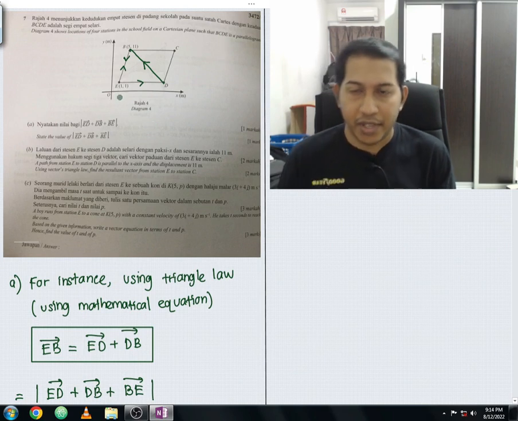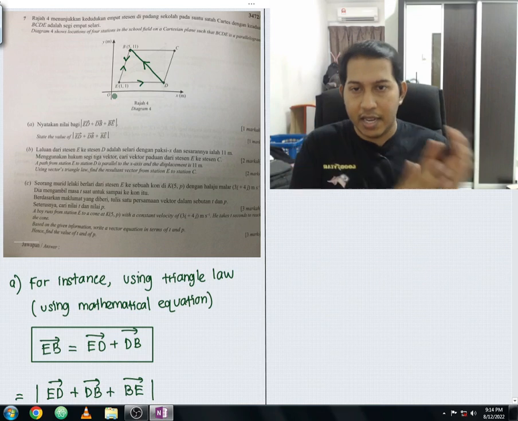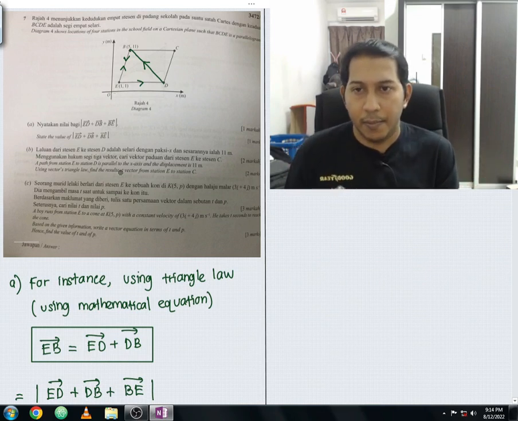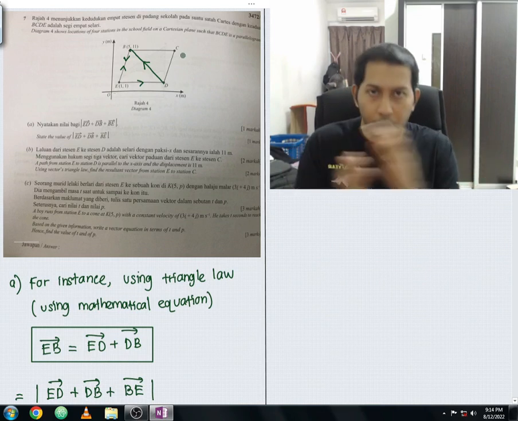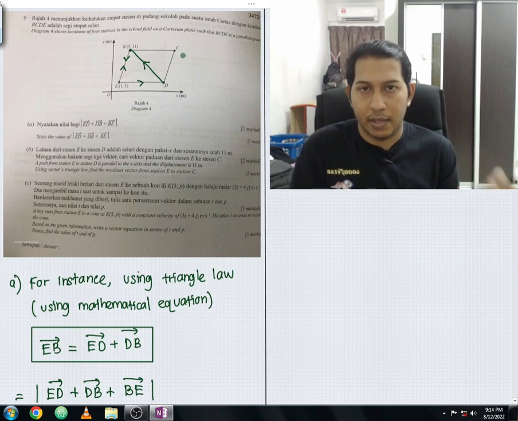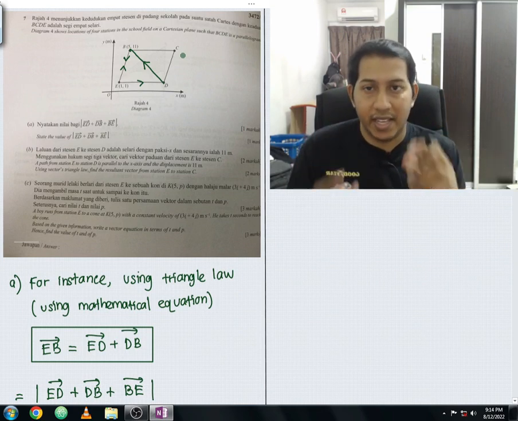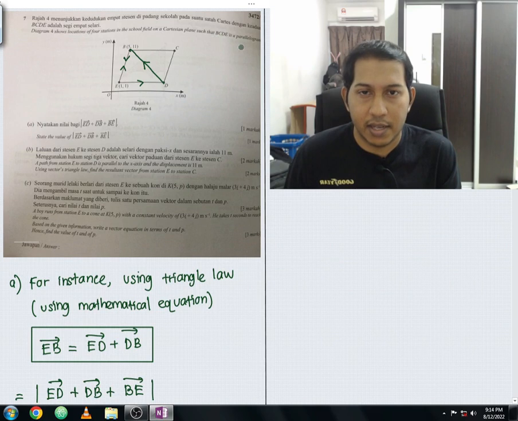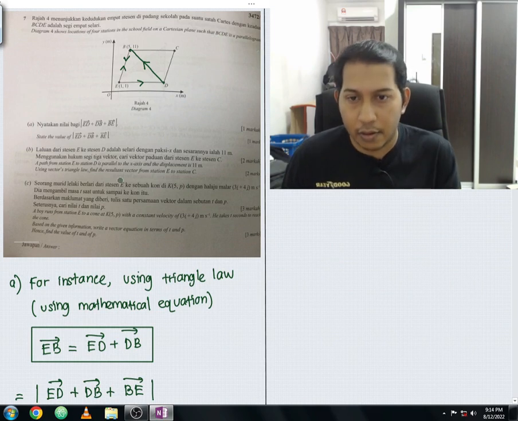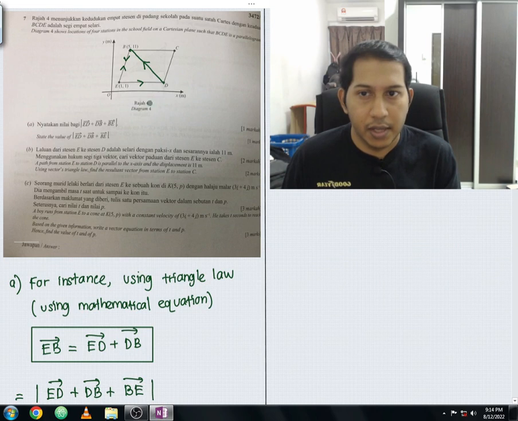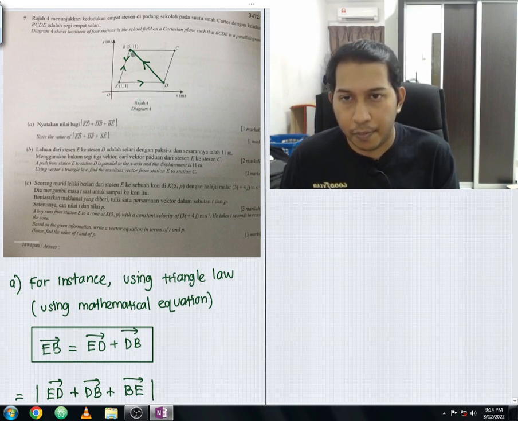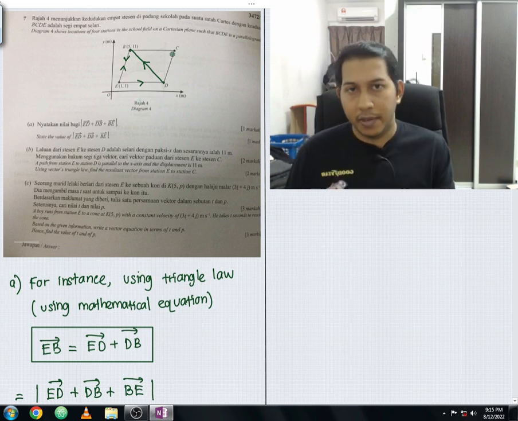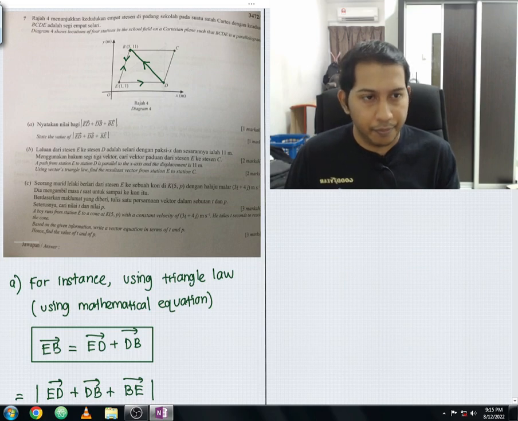That means that if ED is displaced by 11 meter, BC should also be displaced by 11 meter. So that is the hidden clue, guys. They already gave us that BCDE is a parallelogram, and the second clue is the displacement is 11 meter from station E to station D. So that means that your point B to C must also be displaced by 11 meter.